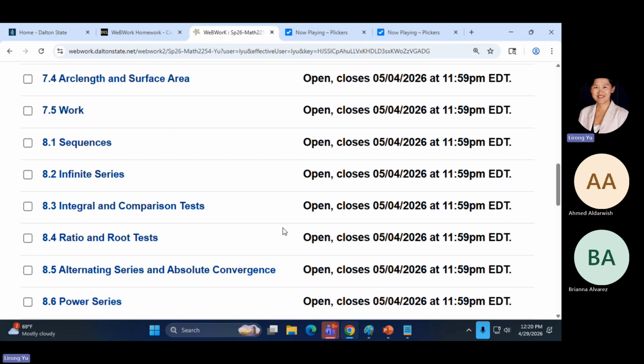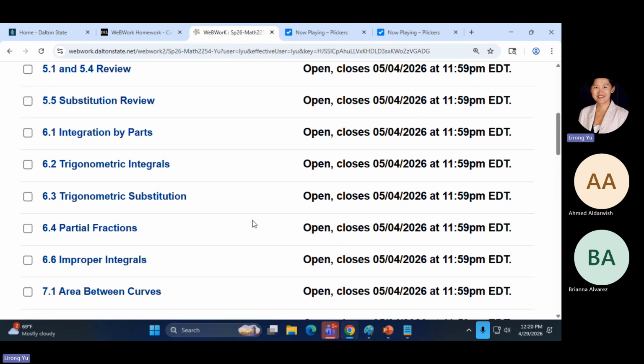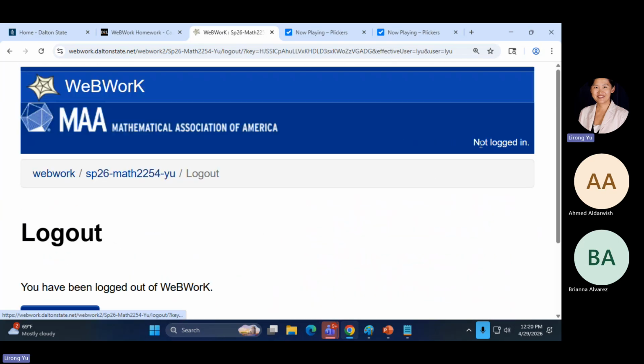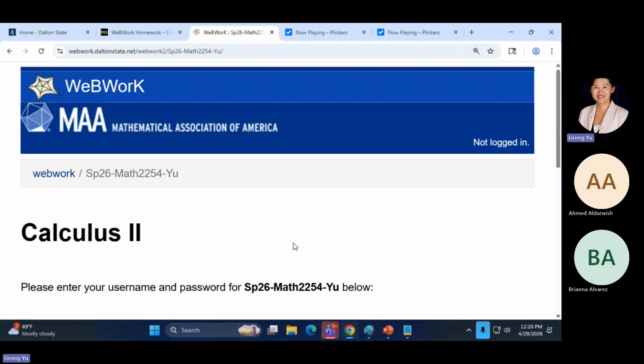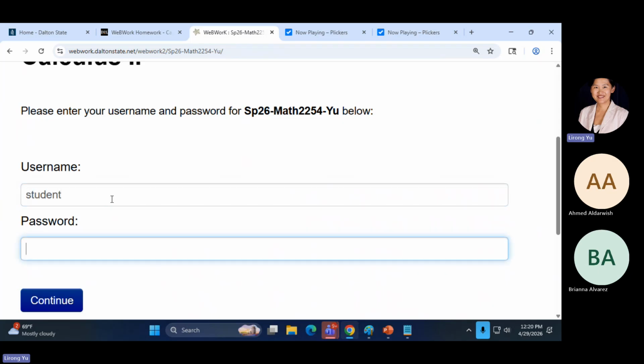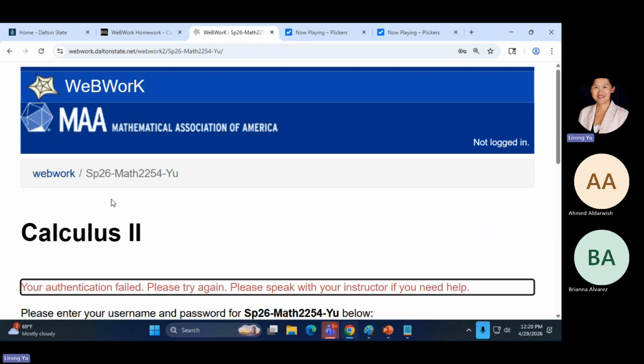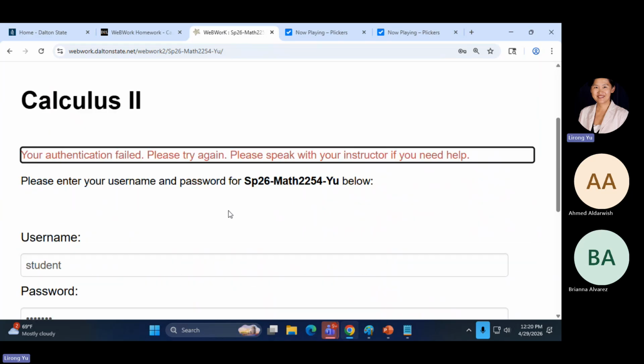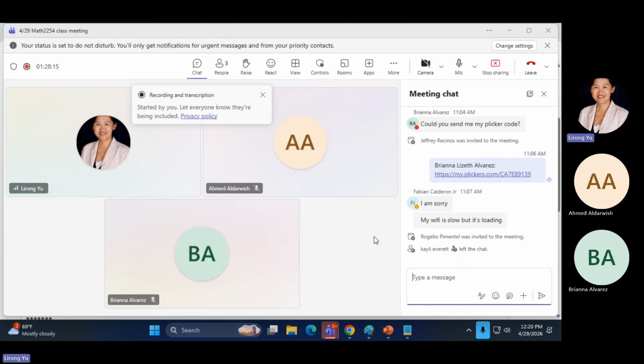I see. You can do the student login for practice. I tried that, but it didn't let me log in. They should work. Maybe you need to capitalize for some reason. If you log in using that, it's student and student. Oh, that's because your computer has memory. It remembered the last time that you logged in. Let me log out.